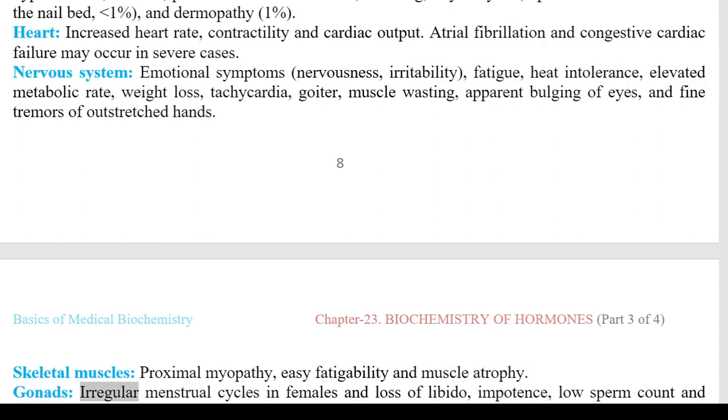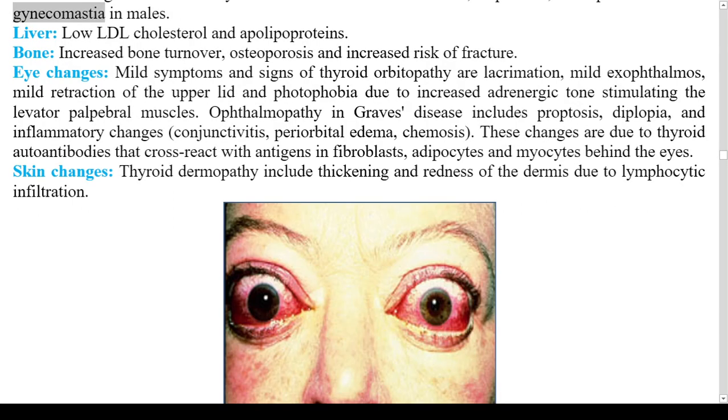Gonads: irregular menstrual cycles in females and loss of libido, impotence, low sperm count and gynecomastia in males. Liver: low LDL cholesterol and apolipoproteins. Bone: increased bone turnover, osteoporosis, and increased risk of fracture.